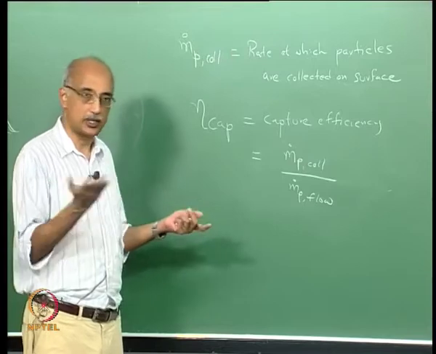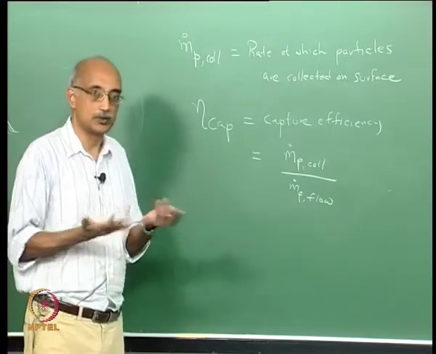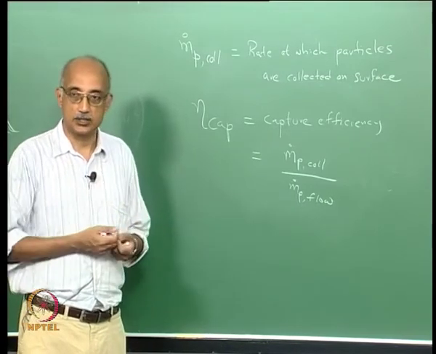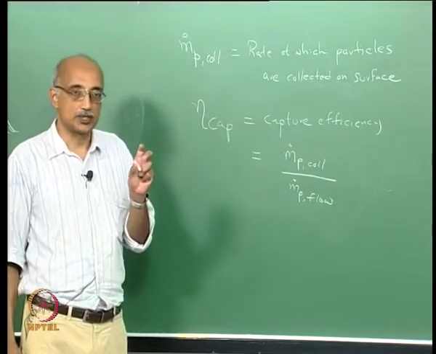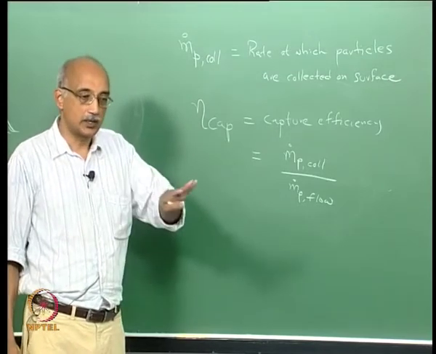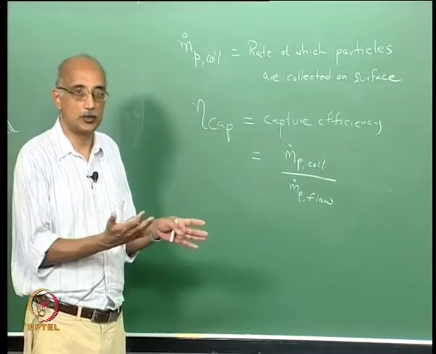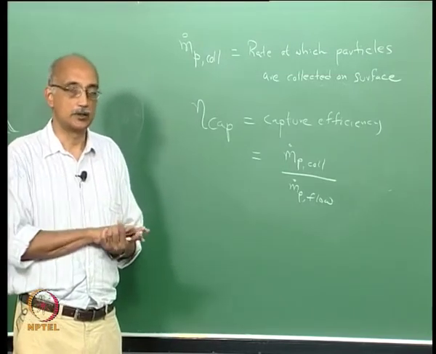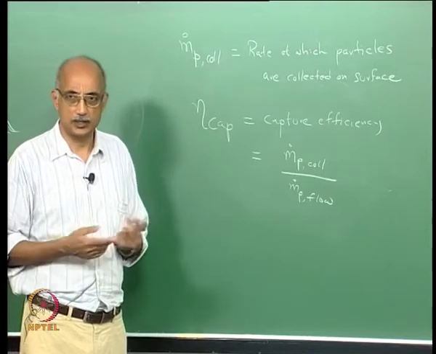And same thing in microelectronic industries, where you have critical circuits and other components that are potentially being exposed to contamination. And there again, what you want to do is minimize your capture efficiency. As long as the particles are not actually collecting on the surface, you don't care. If they're just flowing past, that's okay. It's the particles that actually collect on your critical surfaces that can cause reliability and other problems.